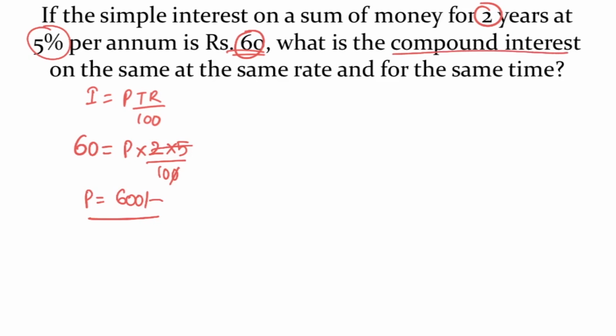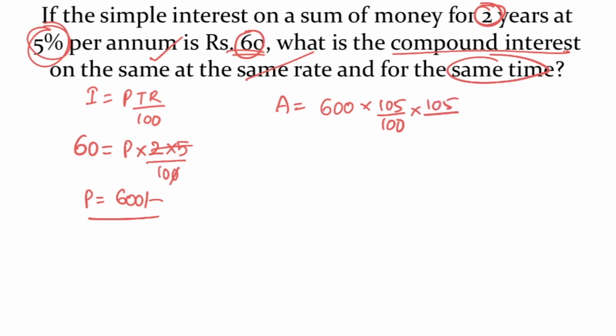Now we need the compound interest on the same sum. So first find the amount. Amount is equal to principal 600 into the same rate. So the rate of interest is 5%, 105 by 100 for the same time, 2 years, 105 divided by 100. Two zeros cancel.